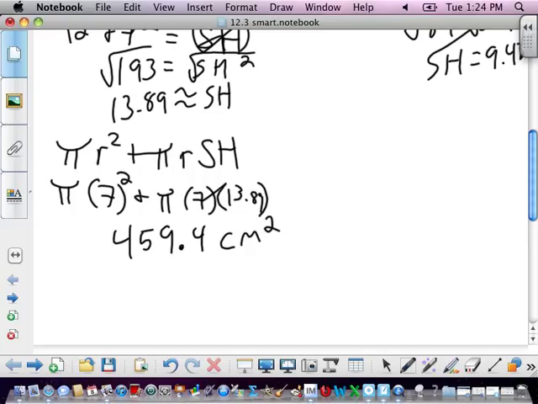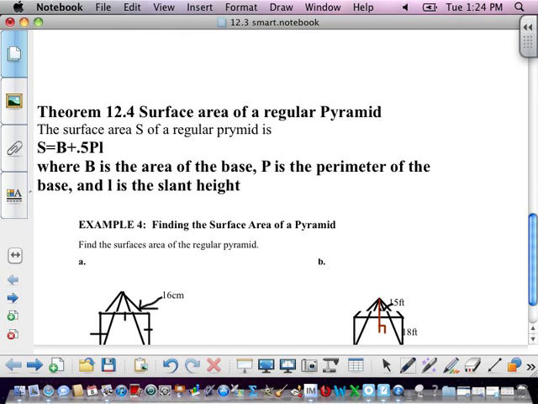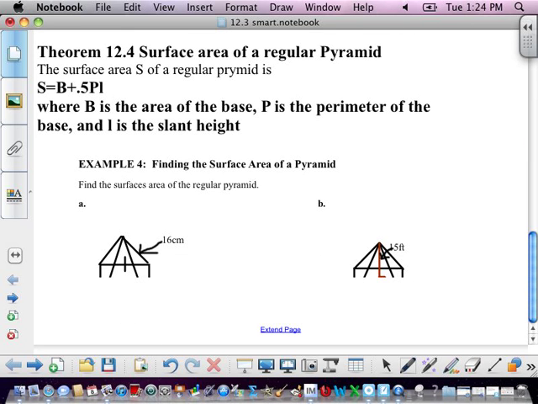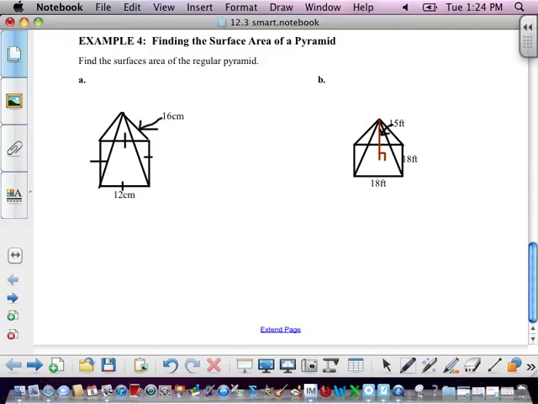All right. Let's look at the back and find areas of these pyramids. One's much easier than the other. Okay. We've got a pyramid. We know it's a square bottom pyramid.